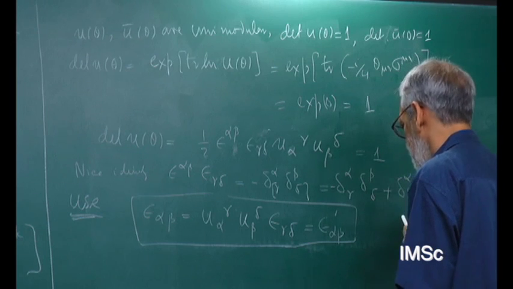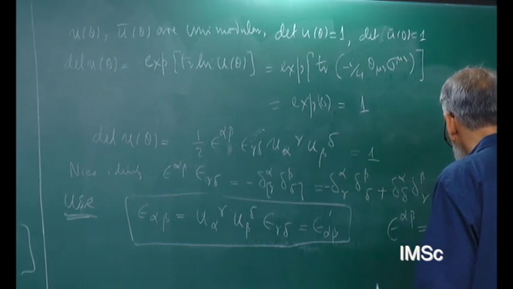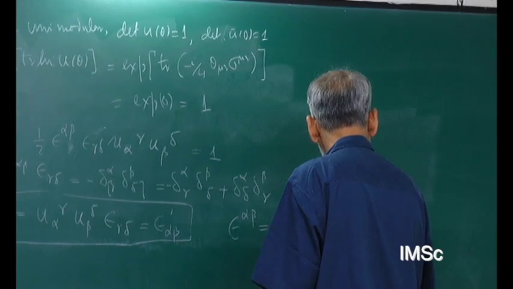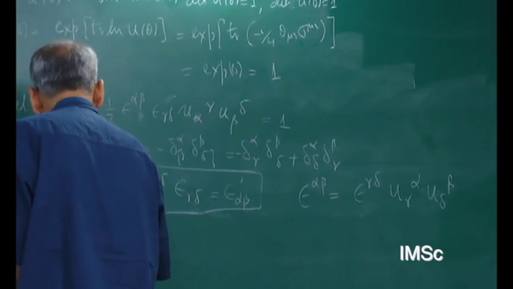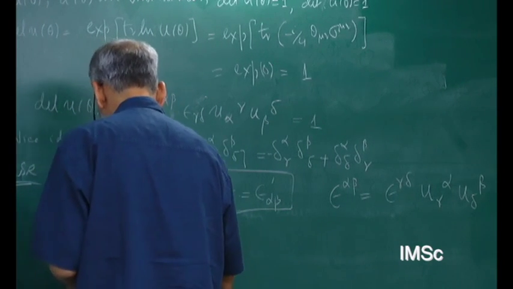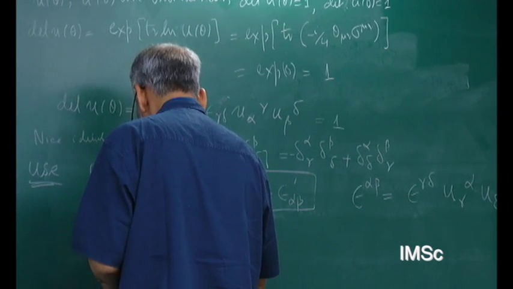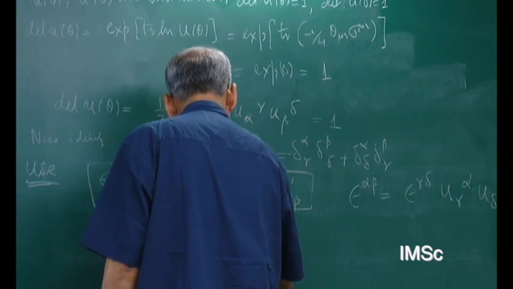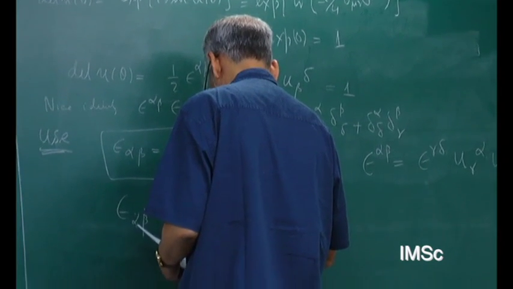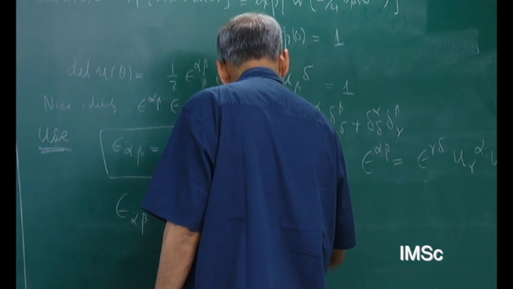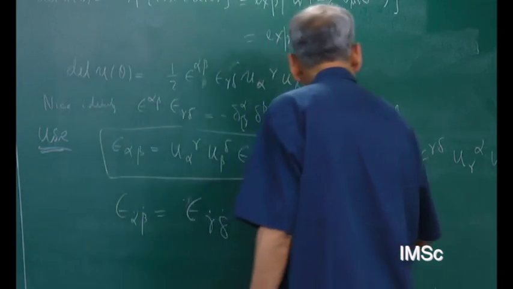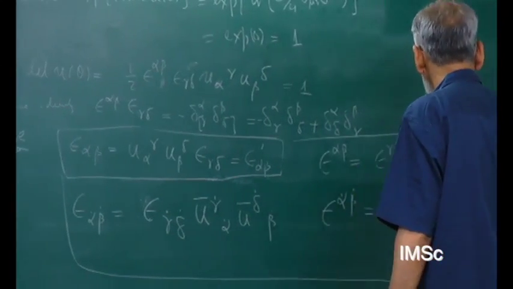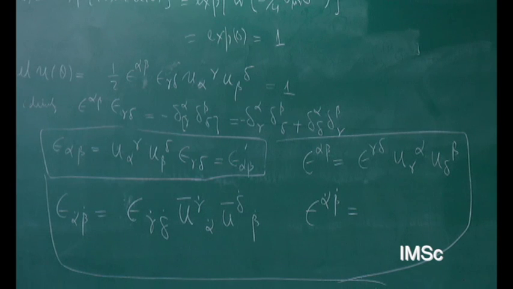And similarly, you can do it for the upper ones, and for undotted ones similarly. So what does it tell us?